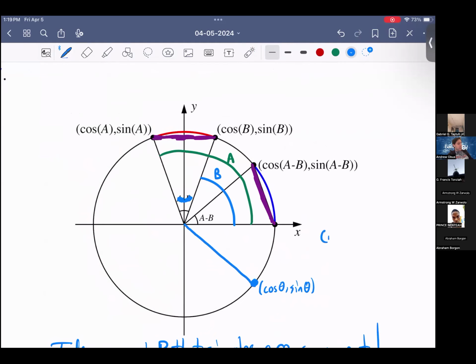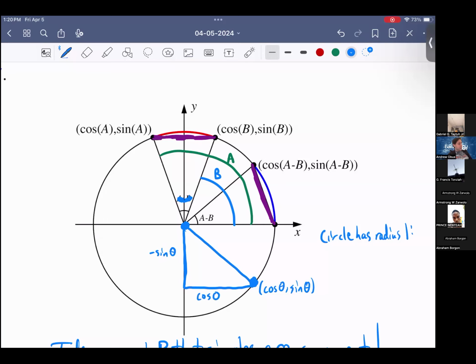And since the circle has radius 1, that means the distance from the origin to this point is 1. Maybe we can do it with a right triangle and Pythagoras' theorem. The length of this side is actually going to be minus sine of theta, but that's fine just because it goes downward, so sine of theta is negative.